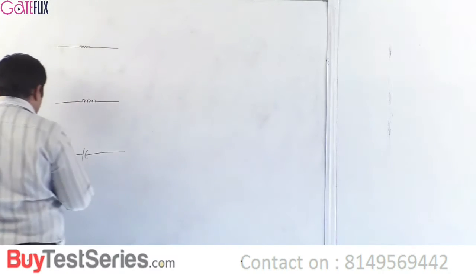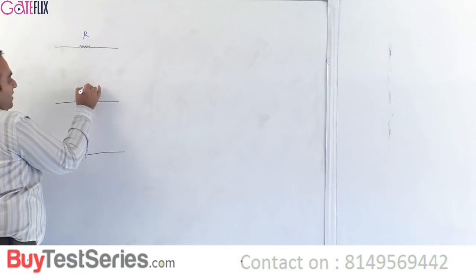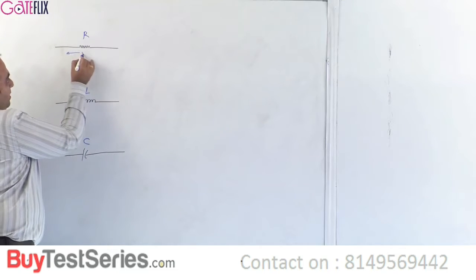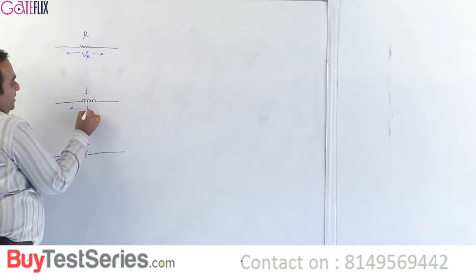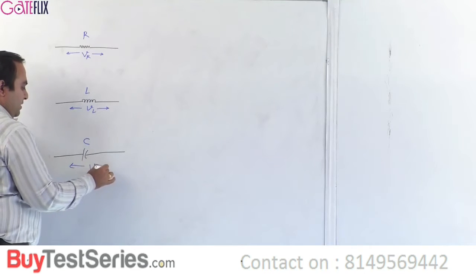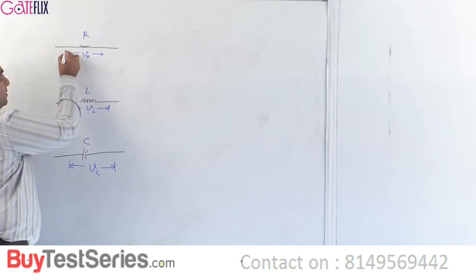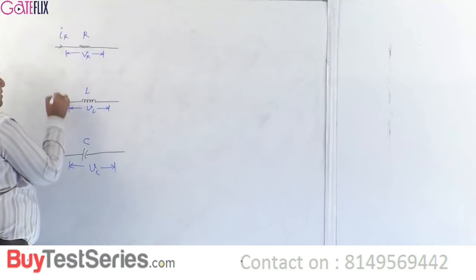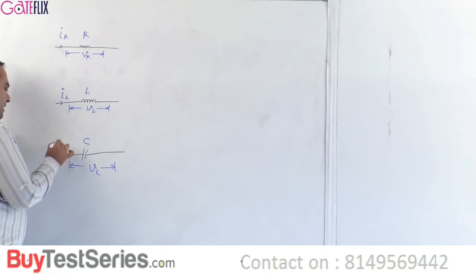So we have a resistance, we have inductance, and we have capacitance. The voltage here is VR, the voltage here is VL, the voltage here is VC. The current is IR, current is IL, and the current is IC.